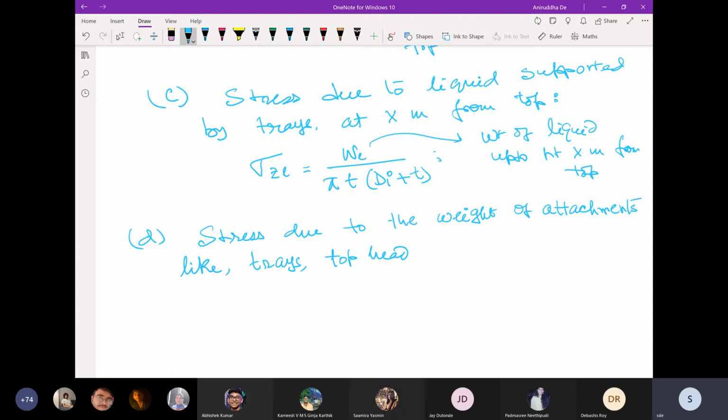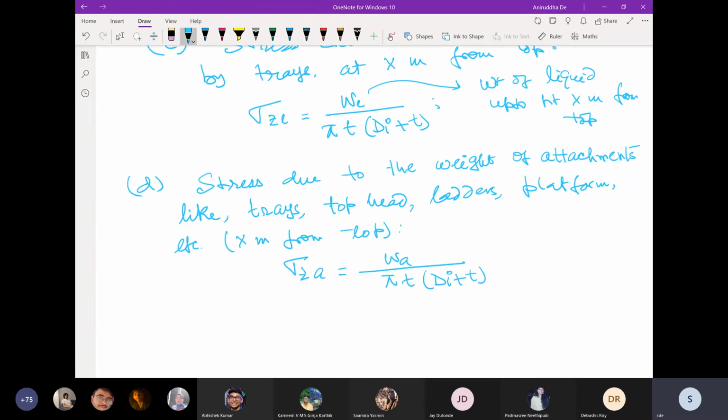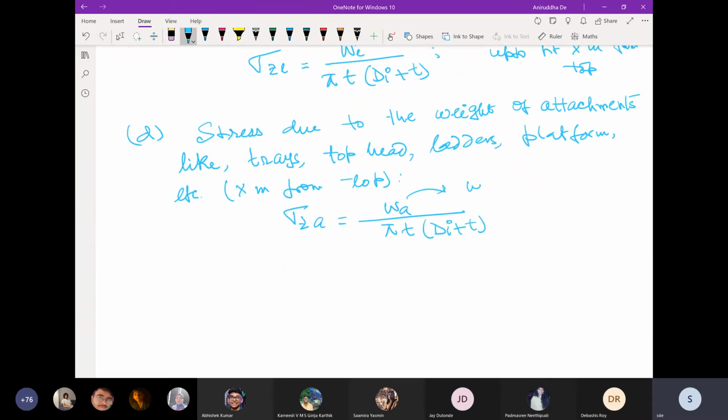Bottom will never come because we are calculating at a length x meter from the top. So therefore, we will be only considering the top head. If there are any ladders, platforms, etc., also, again, up to x meter from top. So that is the sigma za. This is wa divided by pi t (di plus t). Okay. wa is the weight of attachment.